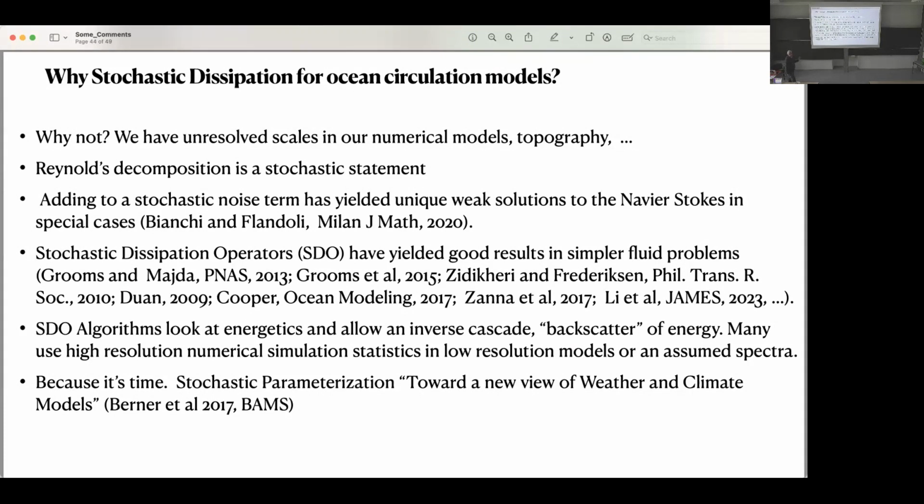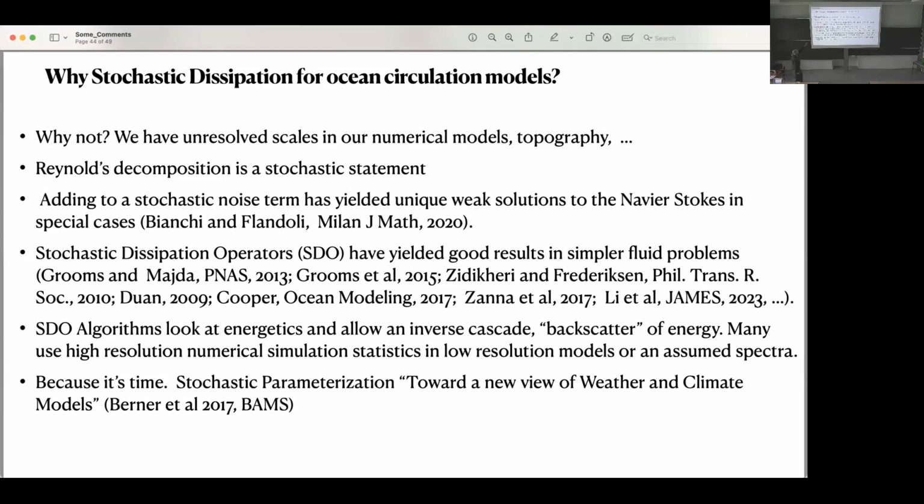But again, these are simple flow problems to show that stochastic dissipation operators are a good idea. Some of these algorithms look at the energetics and allow an inverse cascade, backscatter of energy, just like Jansen's study where he included a negative Laplacian.